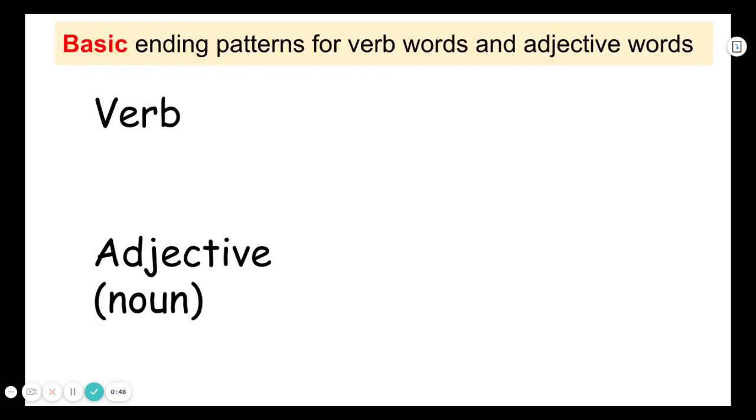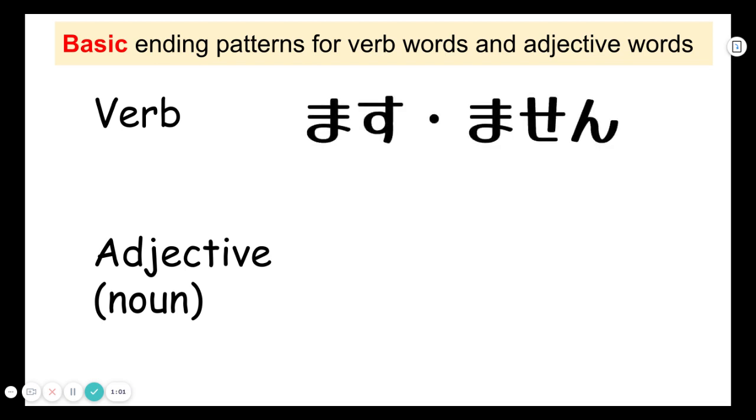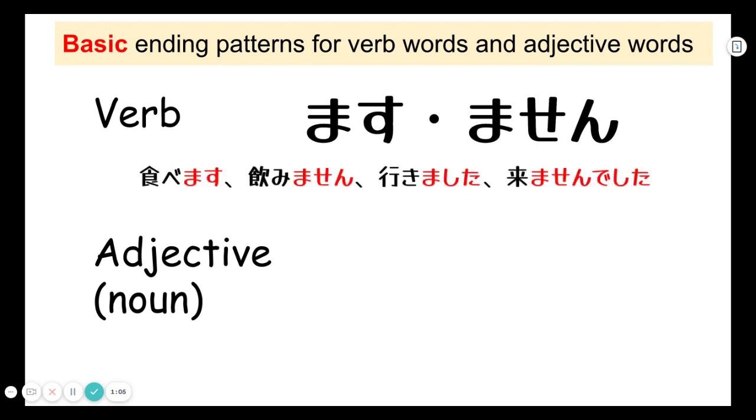Let's get started. Okay, so the basic ending pattern for verb words and adjective words, like the very beginning when you first start learning the Japanese language. Verb is always ます, ません. That's the polite ending, right? Such as 食べます, 飲みます, 飲みません, 行きます, 行きました. That's the past tense. Yeah, 来ませんでした.